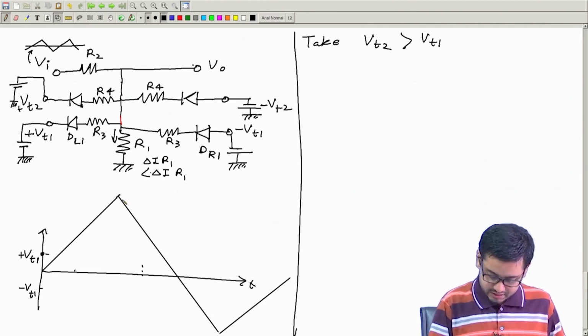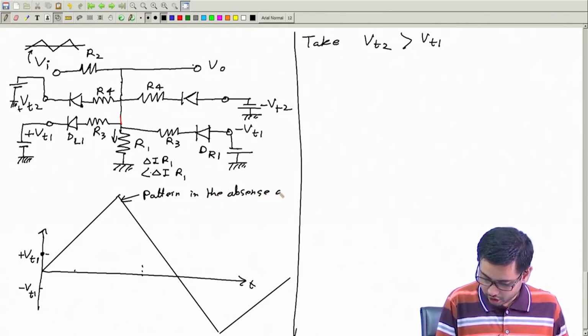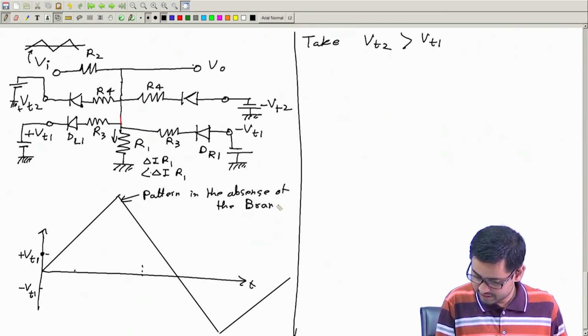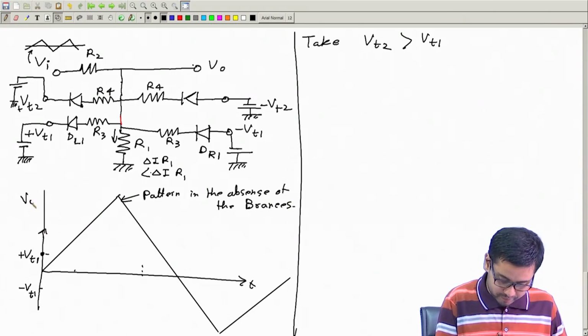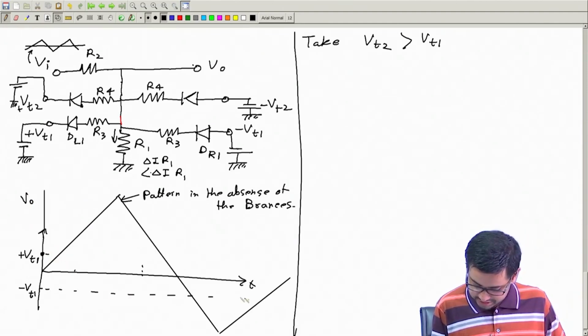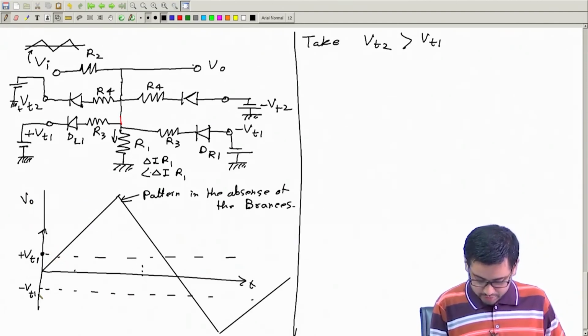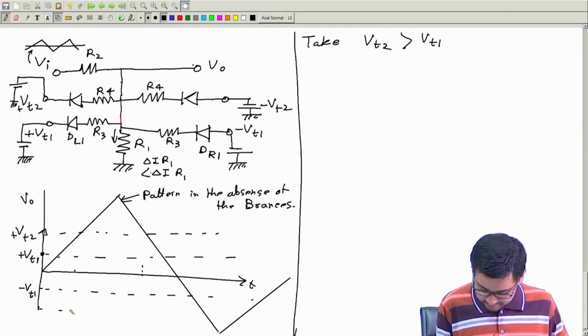So this is the pattern of the output VO in the absence of these branches. On this I will draw these levels, plus VT1, minus VT1. Similarly, here I shall draw VT2 plus, and here minus VT2.